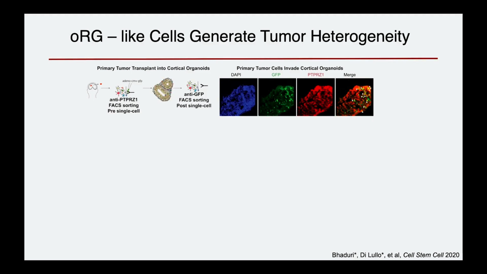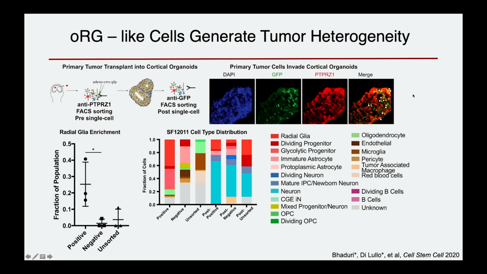So one idea that we had was, what if we see if it works in the organoid model? And so indeed we did that, and we transplanted these outer radial glia into our model of the organoid. We did this for both positively selected, negatively selected, and then unsorted populations of the tumors for radial glia. And what you could see here is that the positive selection was not perfectly pure, but the negative selection was pretty good.